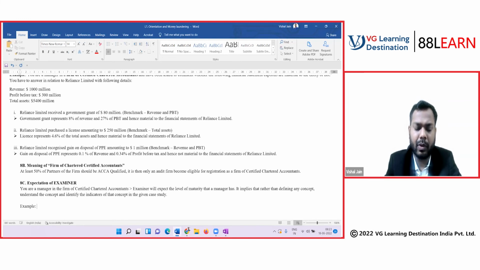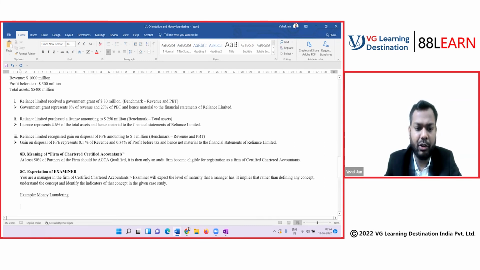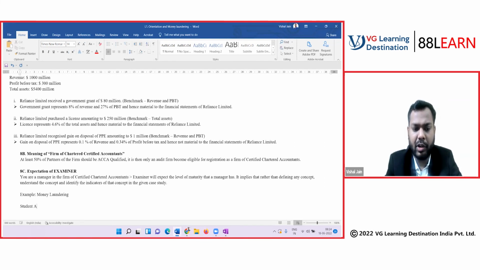Topic is money laundering. Student A defines money laundering.